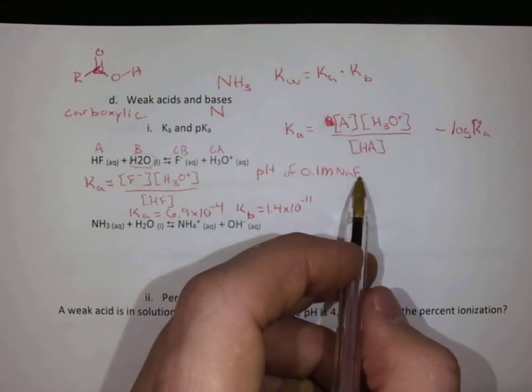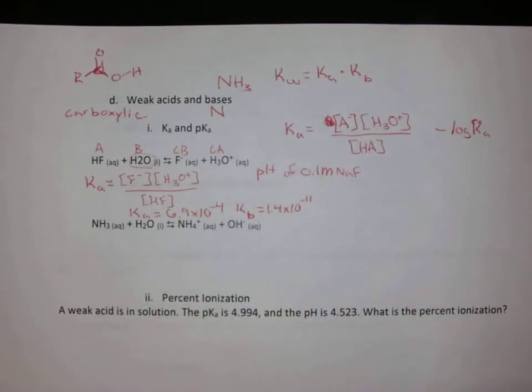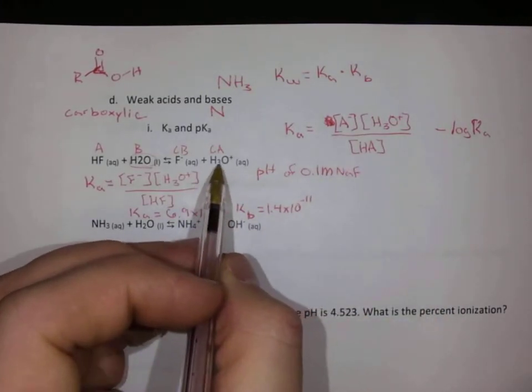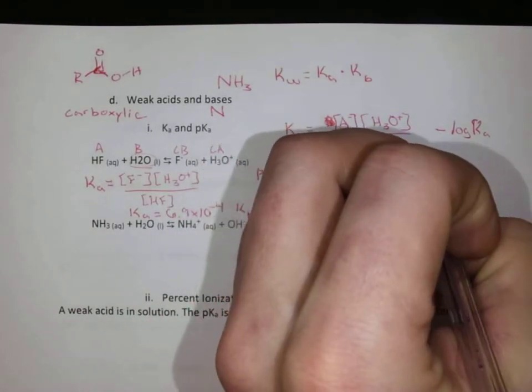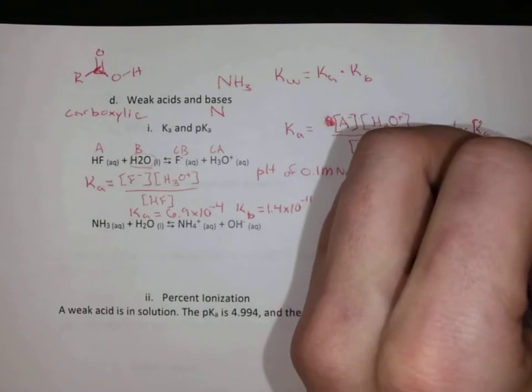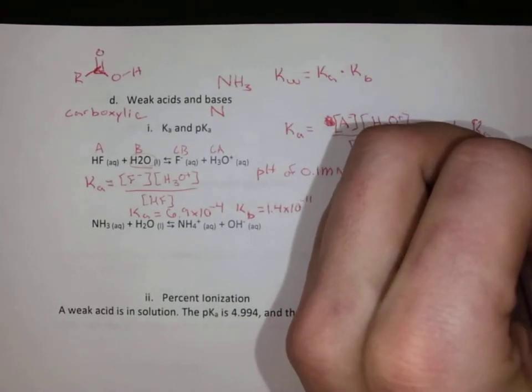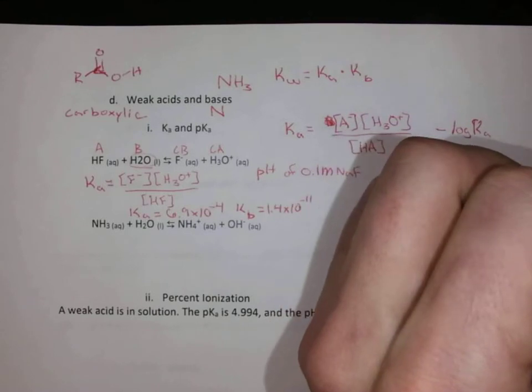We'll get all this F minus, but then that F minus is going to react with water. So we have essentially the opposite reaction here, right? We are going to have F minus plus H2O in equilibrium with HF and OH minus, okay?